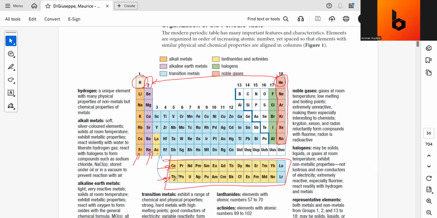Can you see this zigzag line over here? Those are the metalloids, on either side of the line. Can you see the green ones here? Those are the halogens. Out of these, astatine is radioactive.